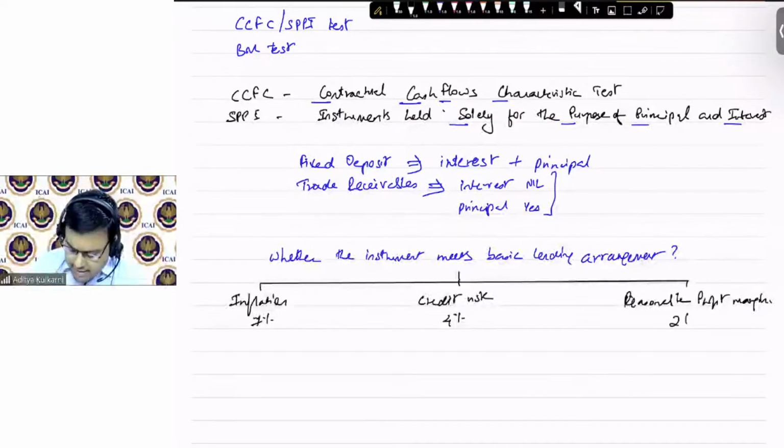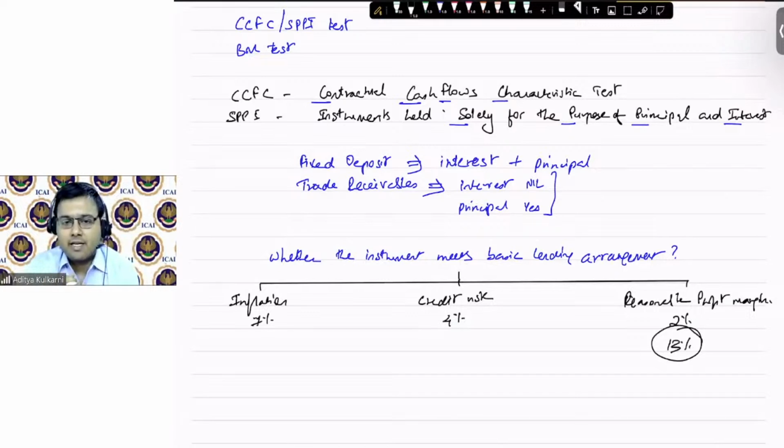So let us say that the profit margin is 2%. If you have lent the money to me, we will expect a 13% return, of the interest as well as the principal. Okay. So this is the first thing that you are going to look at.